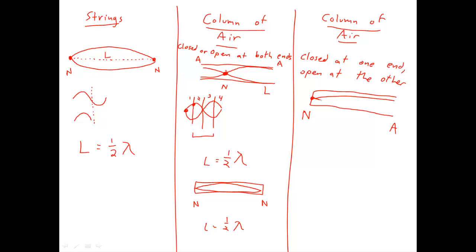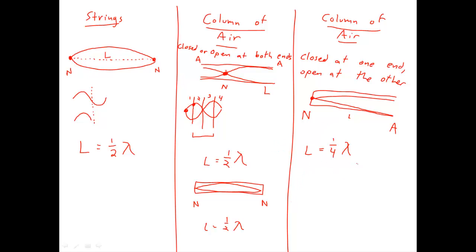That's only 1/4 of the wave. So if this is length L, we have L equals 1/4 lambda.